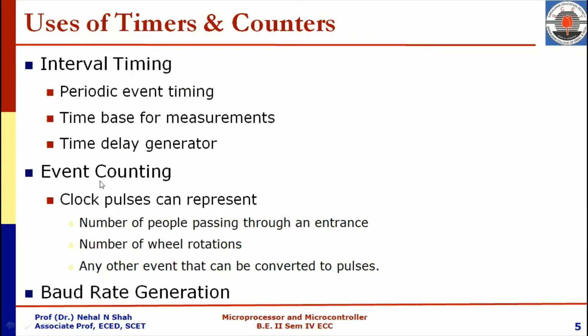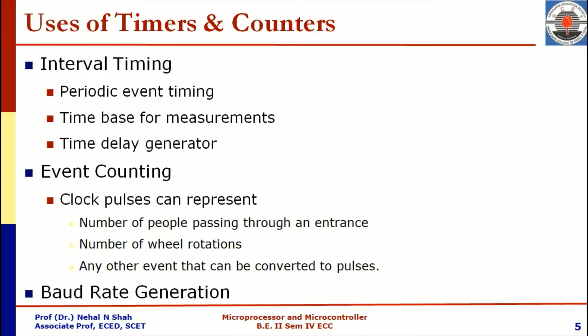For event counting purposes, the same timer counter unit can be used. So if any event can be represented by a pulse, it can be counted. For example, at the entrance of a door, if IR sensors are placed and a person enters the room, that is measured by the IR sensor.